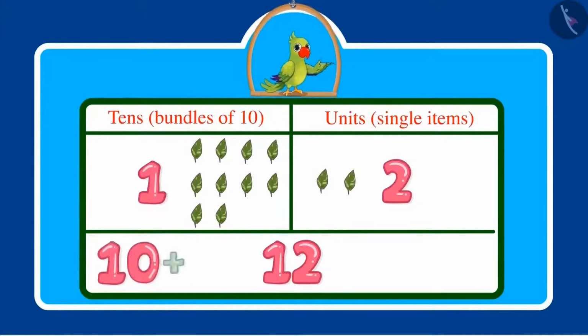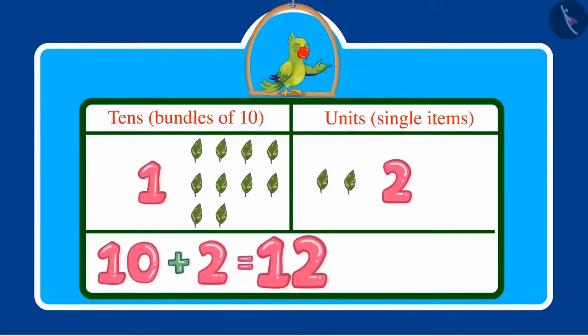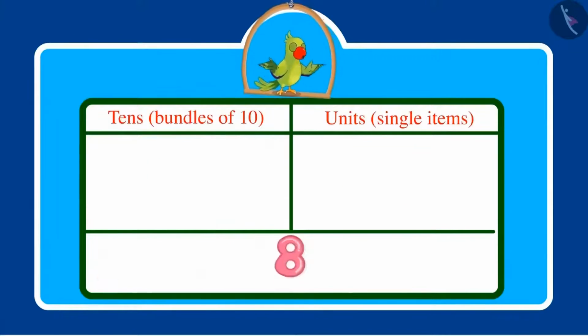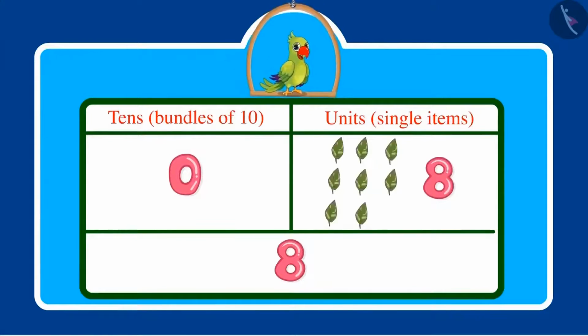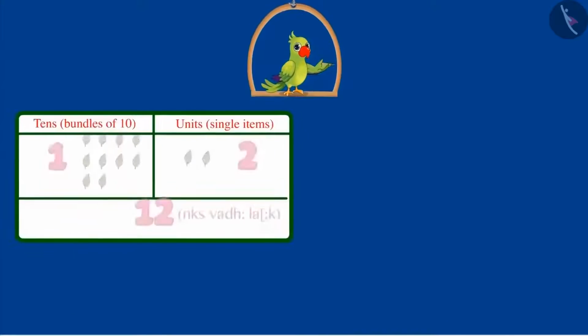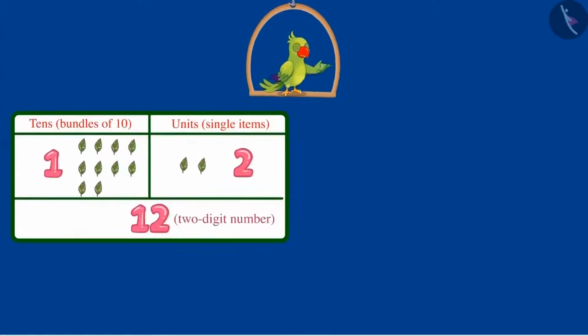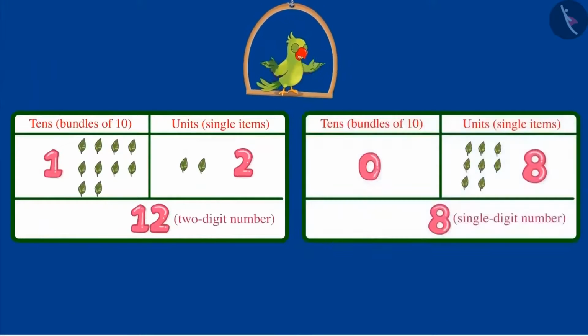So total is 10 and 2, 12 leaves. And 8 has 0 tens and 8 units, which means 8 single items such as 8 leaves. Therefore, 2-digit numbers such as 12 are greater than single-digit numbers such as 8.